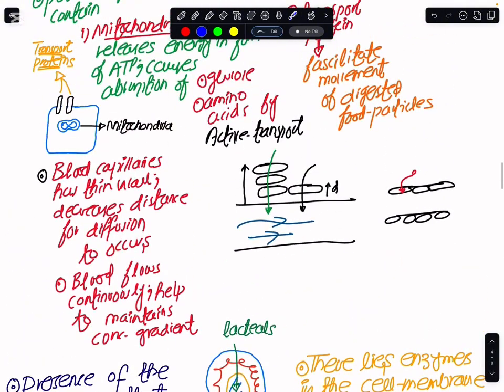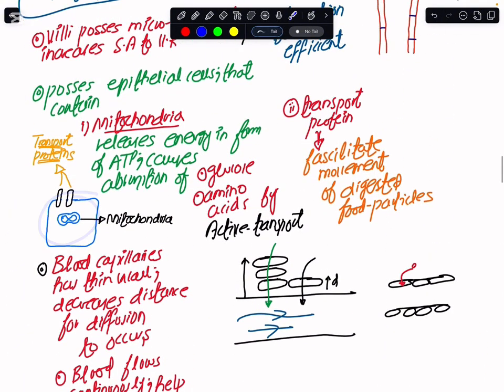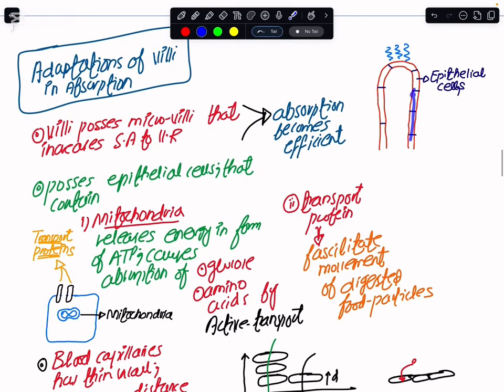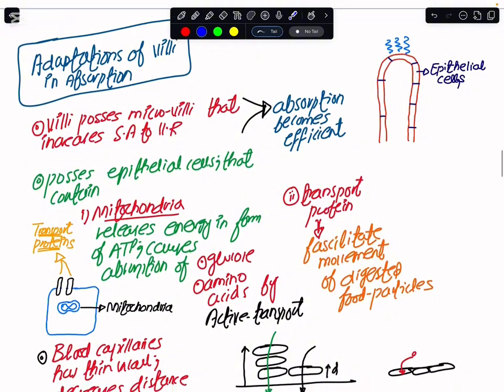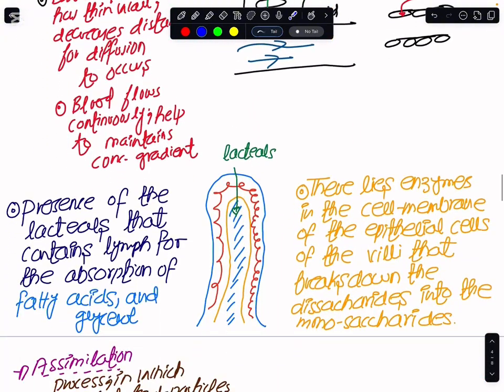Now, the last point is about the epithelial cells that we have here in the microvilli, in the villi. You just have to remember one point with respect to digestion: the epithelial cells have some enzymes in their cell membrane, and these break down the disaccharides, like maltose, lactose, and sucrose, into monosaccharides.